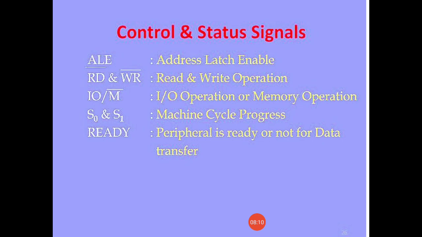This lower half of the address is also necessary during the remaining part of the instruction execution to access a specific location in memory or input-output port. This means that the lower half of the address must be latched in the initial part of the instruction execution so that it is available throughout the machine cycle.